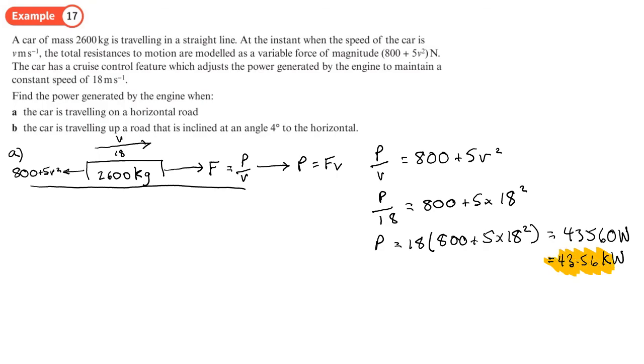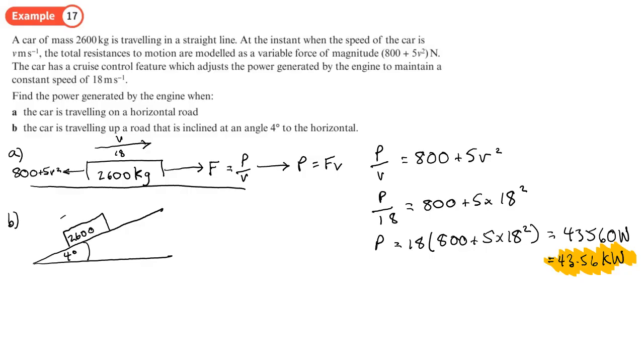Now what happens in part B is that the car is now travelling on an incline, so we're going to need a new diagram. It's inclined at 4 degrees, so that introduces a new gravitational force that needs to be overcome.